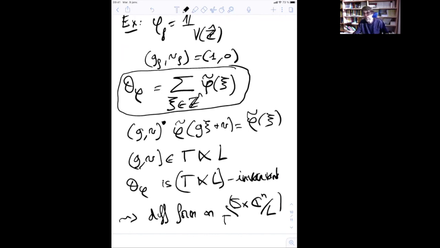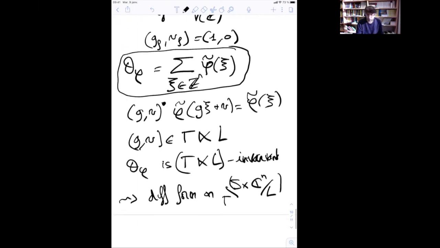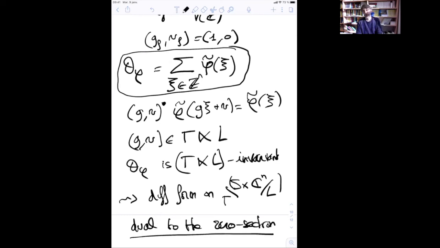And in fact, we know exactly what this differential form is, because phi tilde at 0 is just the Thom form, so it's dual to 0. But now if you average by Z^n, then it becomes the dual form to 0. So it's dual to the 0 section. So in that way, we get the form that is dual to the 0 section.